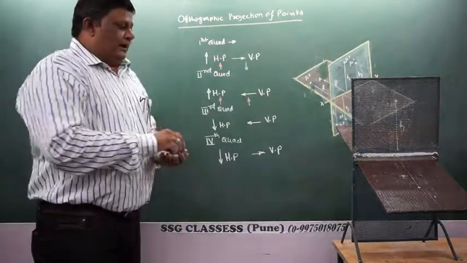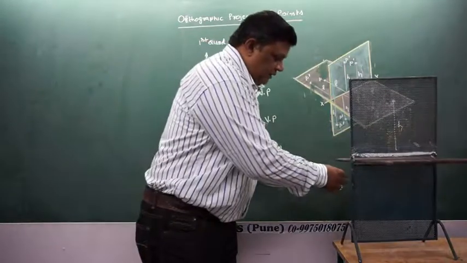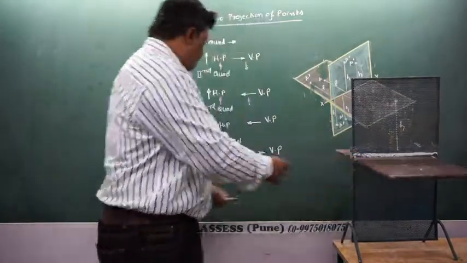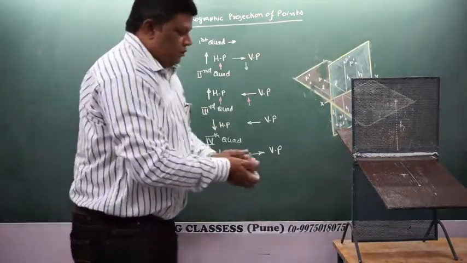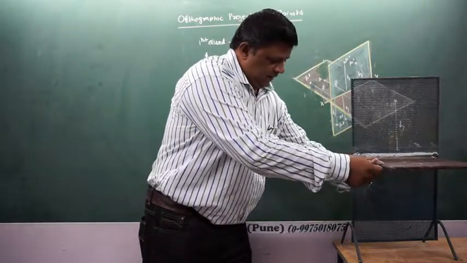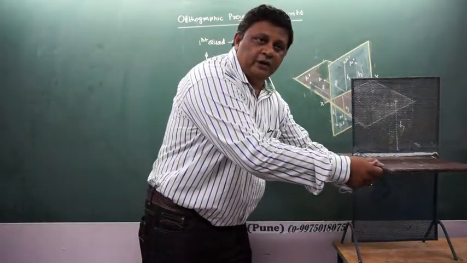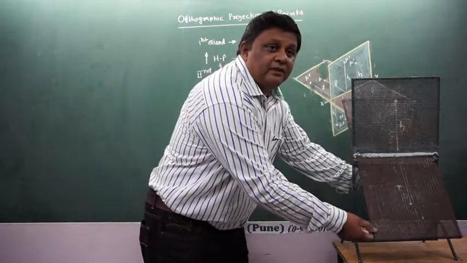Okay? Next, coming down to the third quadrant. Where is the point? It is out here, that is below HP and behind VP. Now look, if it is below HP like this, then this edge distance is seen near VP out here. Now if I rotate it, what is happening?